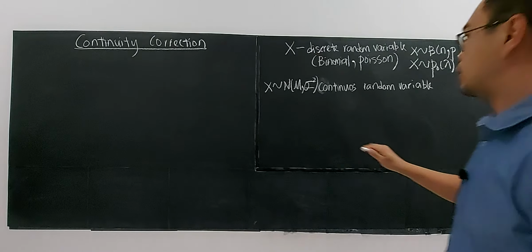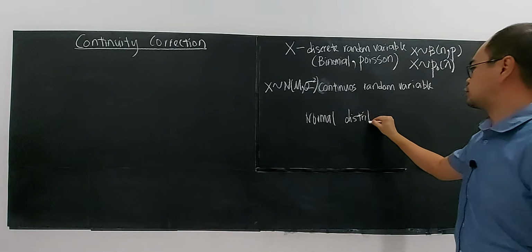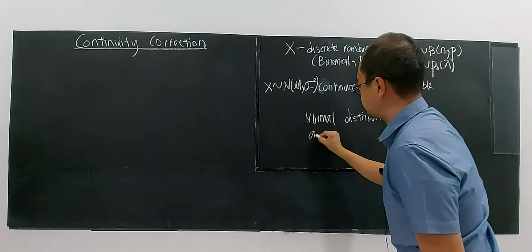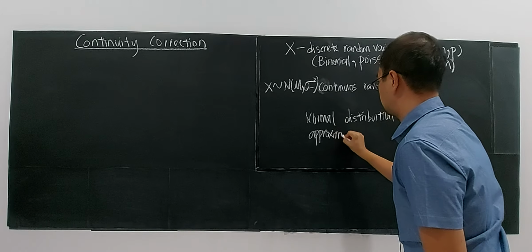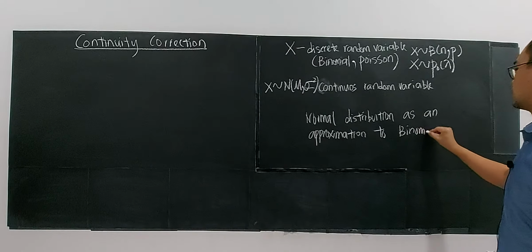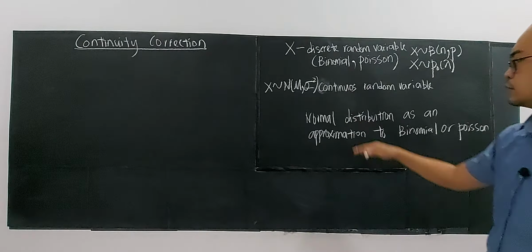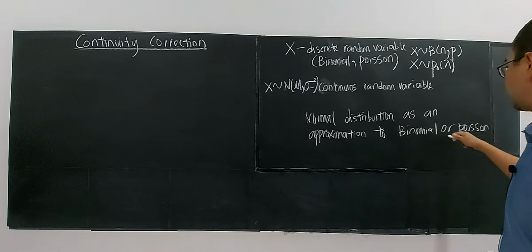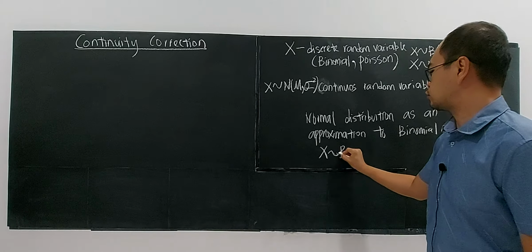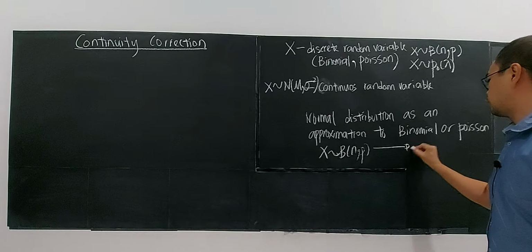So when we want to use the normal distribution as an approximation to the binomial or Poisson distribution, another meaning here is we want to convert, we want to transform from a binomial distribution to a normal distribution.